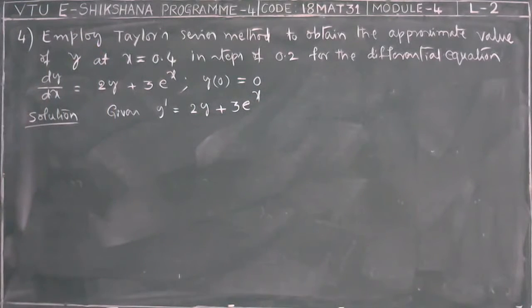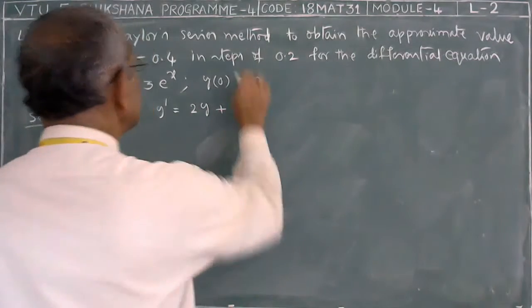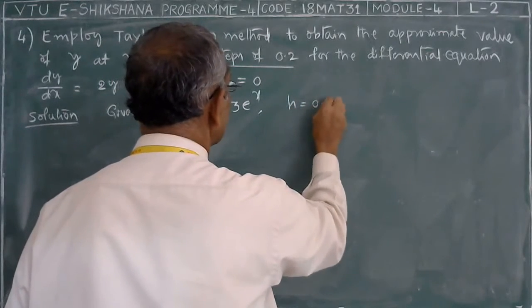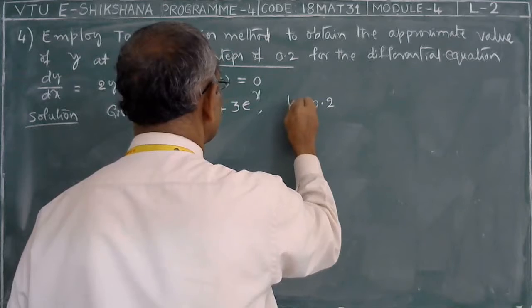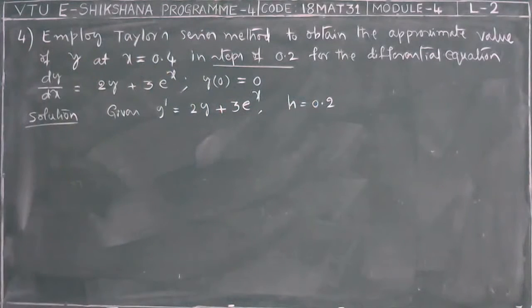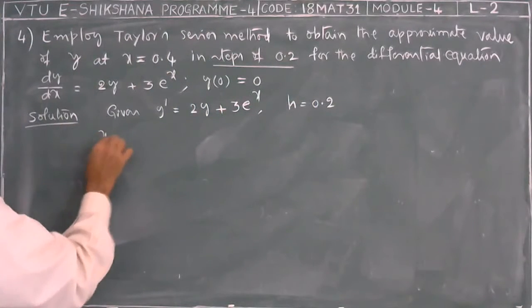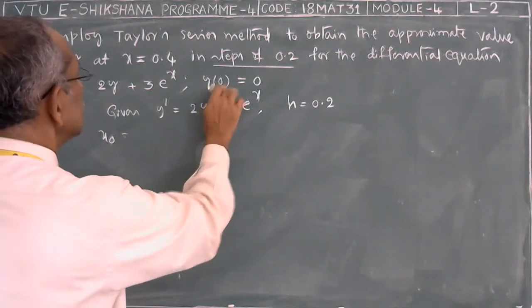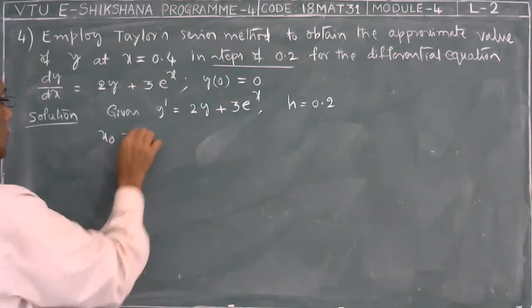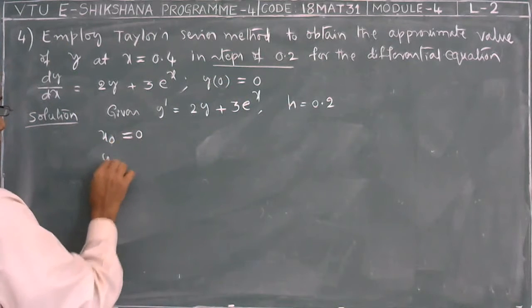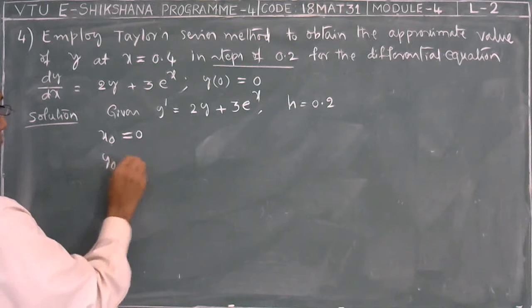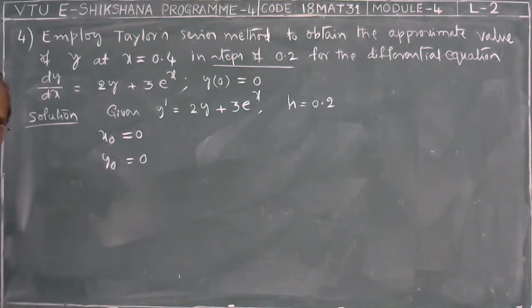In steps of 0.2 means h is given, h is 0.2. Then what is x naught? x naught is 0, and y naught is also 0.